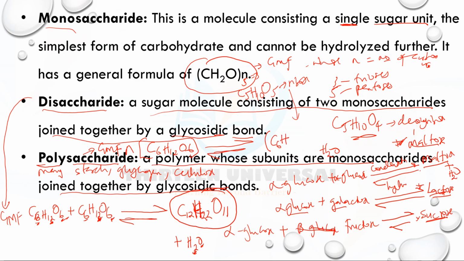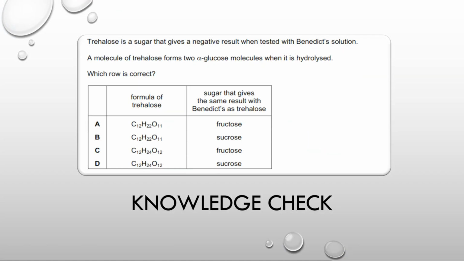Instead of 12 H here, we have lost 2 to water, so it's going to be H10. Instead of oxygen being 6, we have lost 1 to water, so it's 5. You put n here. So this is the general molecular formula for all polysaccharides: (C6H10O5)n.